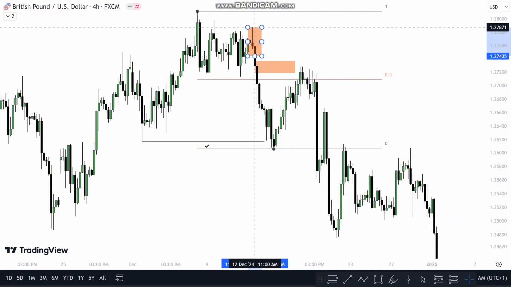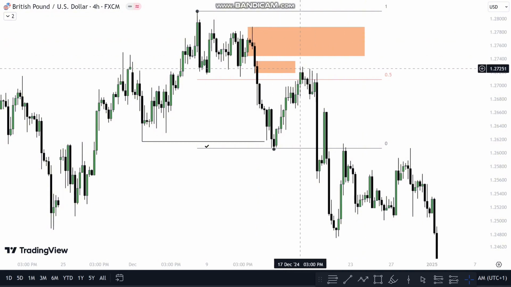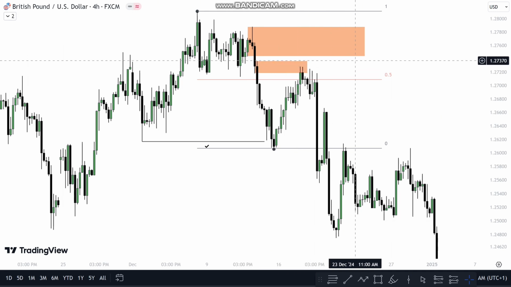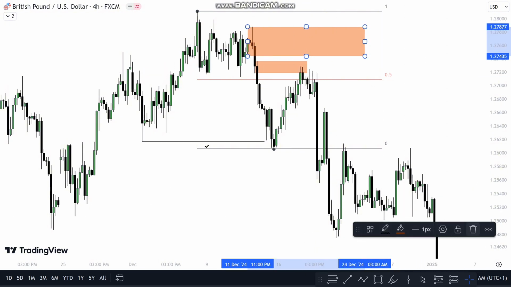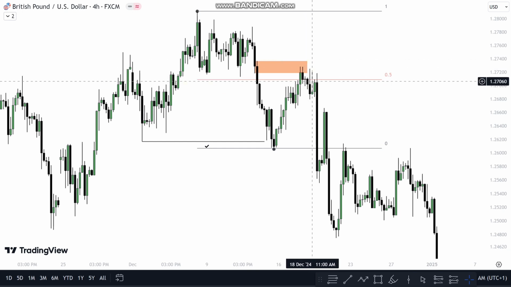All of them are in the discounted price level. Okay, so since market has come into this supply area, we are going to delete this off and see how this played out and how we could have capitalized on this trade on the 15 minutes time frame.